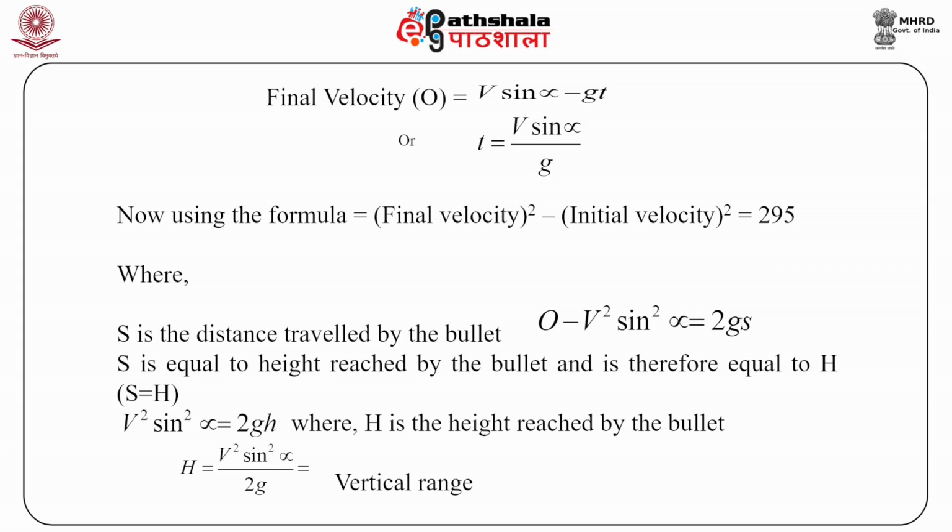So v square sine square alpha is equal to 2gh, where h is the height reached by the bullet, or h is equal to v square sine square alpha by 2g, which is equal to vertical range.